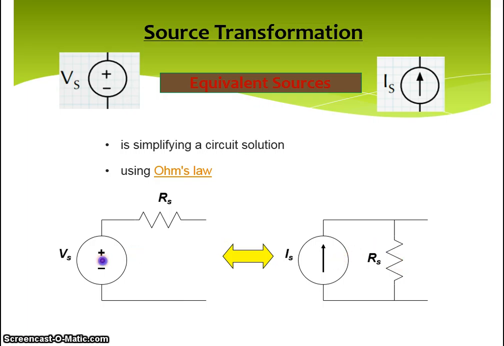Now, this voltage source and this current source can be considered as equivalent sources if the values of Vs and Is are ruled by Ohm's law. So the pictures on the left side and the right side represent sources. One is a voltage source and the other is a current source, and they can be considered equivalent sources.